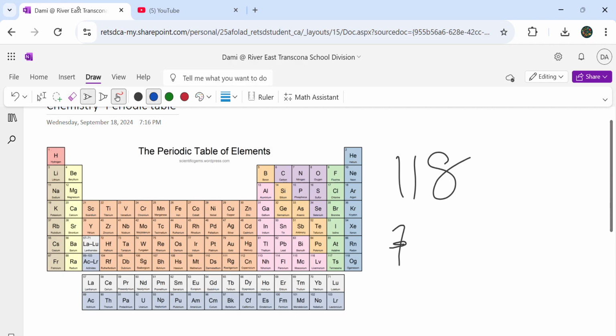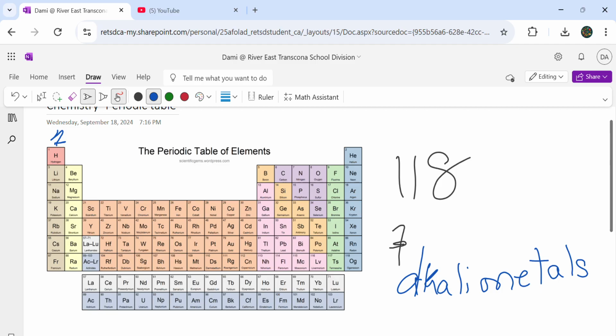So we have group 1, which we call the alkali metals. These are highly reactive and they lose just 1 electron to form a positive ion. And all of these have an outer shell of 1 electron.